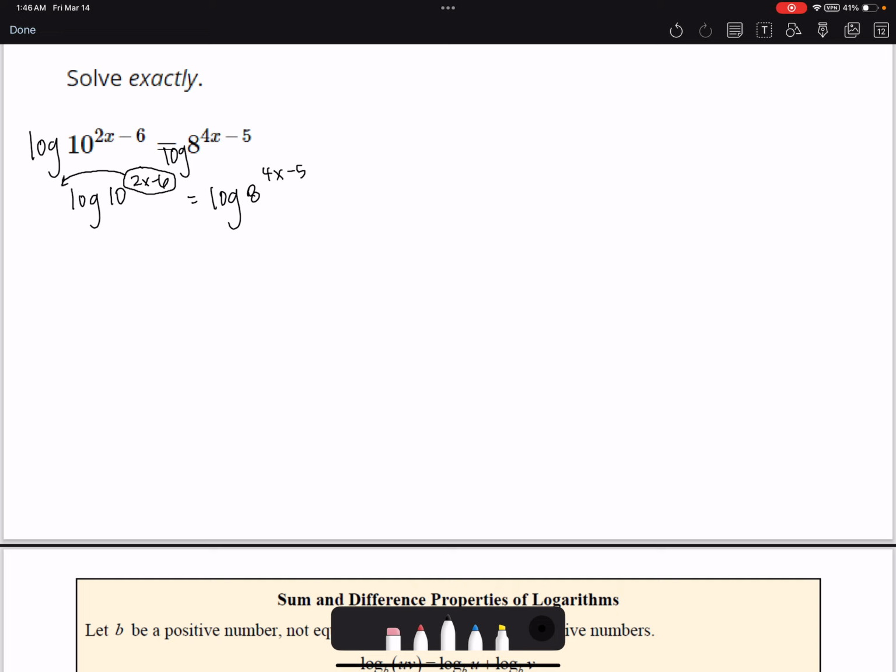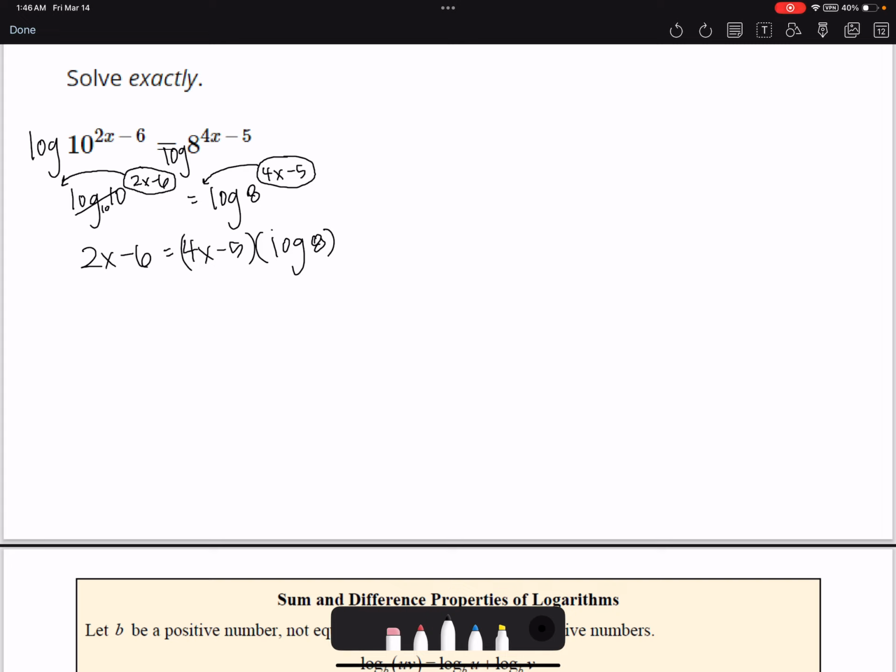We're going to bring that down. The nice thing about this is if we do log base 10 of 10, that just cancels out. So we have 2x minus 6 equals, and we're going to bring this down, 4x minus 5 times log of 8. Log of 8 doesn't cancel because the base is 10, so we can't cancel those out.